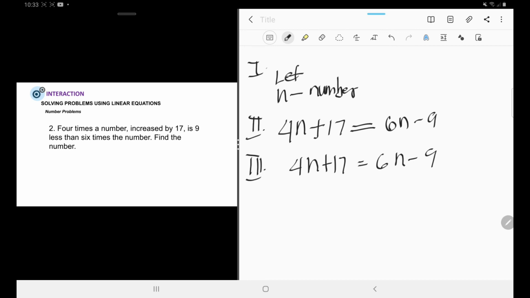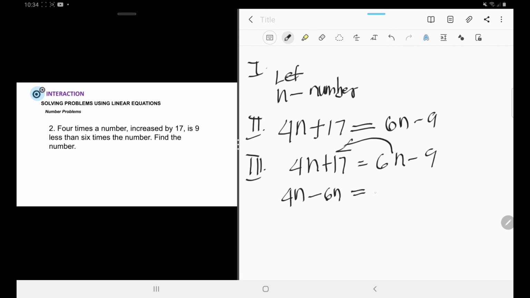So the first thing that we're going to do here is we will arrange the terms of the equation such that the terms with variables will stay on one side of the equation and the constants will stay on the other side. So I will move 6n to the left side. So this becomes 4n and then minus 6n. Okay, so when you move or transpose a term, you have to change the sign.